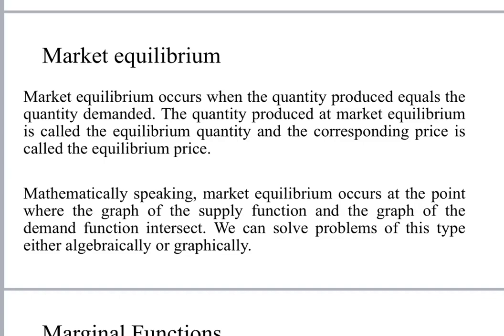Then the quantity produced at the market equilibrium is called the equilibrium quantity, and the corresponding price becomes the equilibrium price. Mathematically, using the graph, market equilibrium occurs at the point where the graph of the supply function and the graph of the demand function intersect.